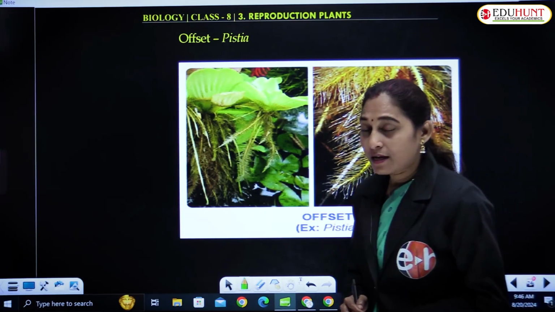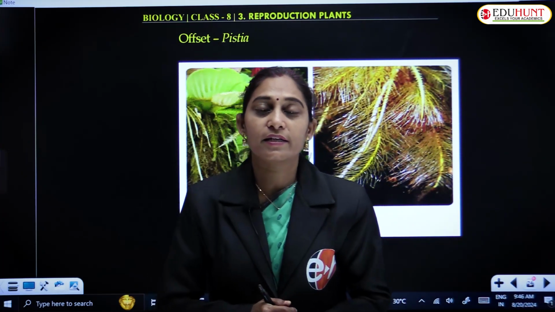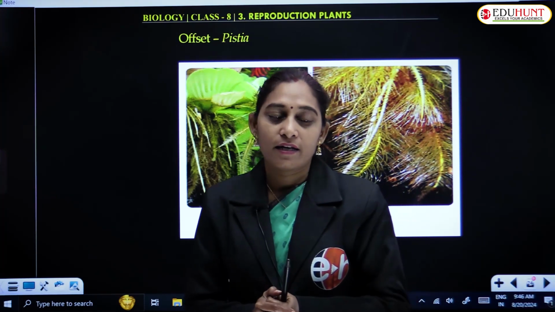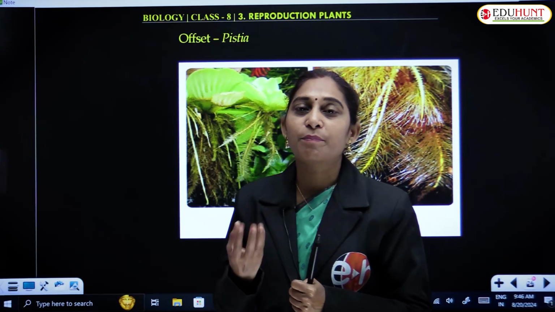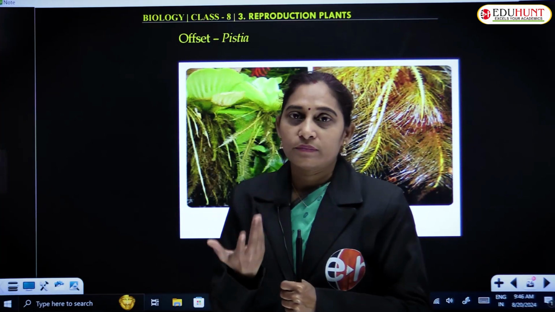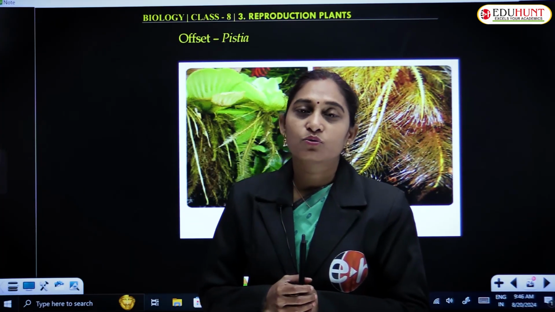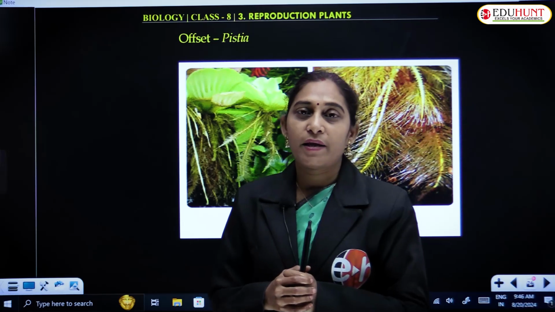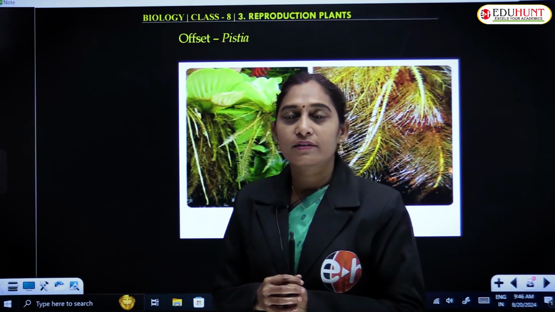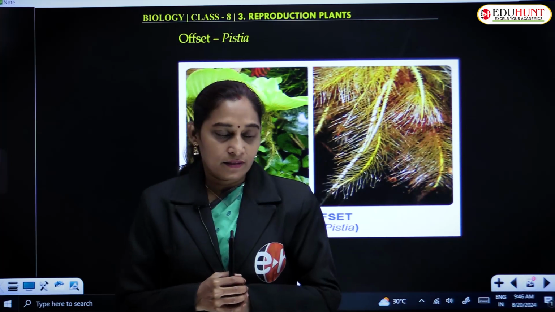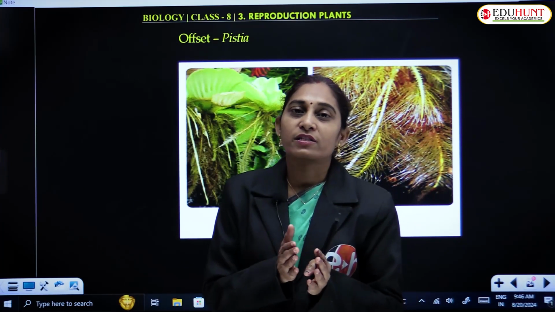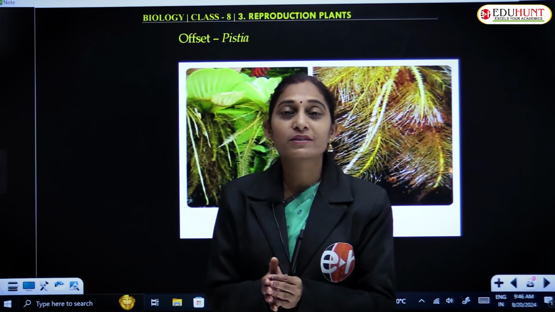Okay, these are the various vegetative propagation techniques through which plants naturally propagate, multiply themselves. And there are various other methods also through which plants multiply themselves. In the next session we will see other methods clearly. In this session we have discussed methods of vegetative propagation, that is natural methods.